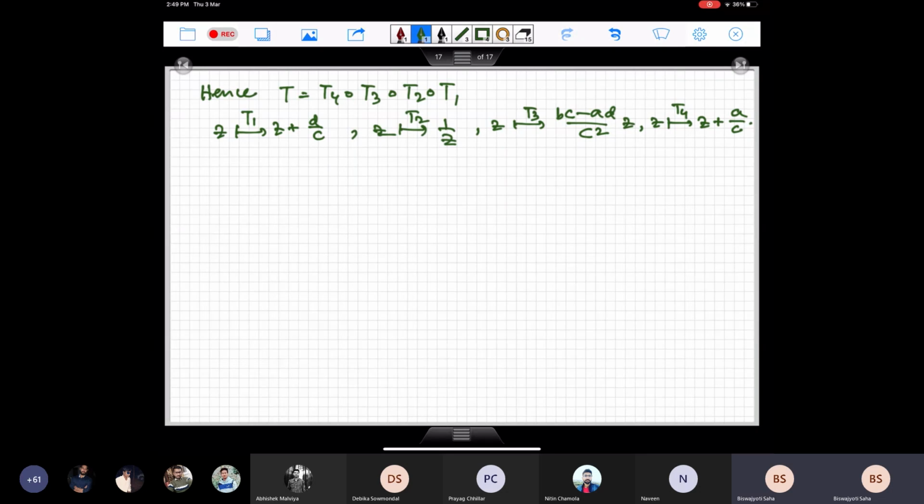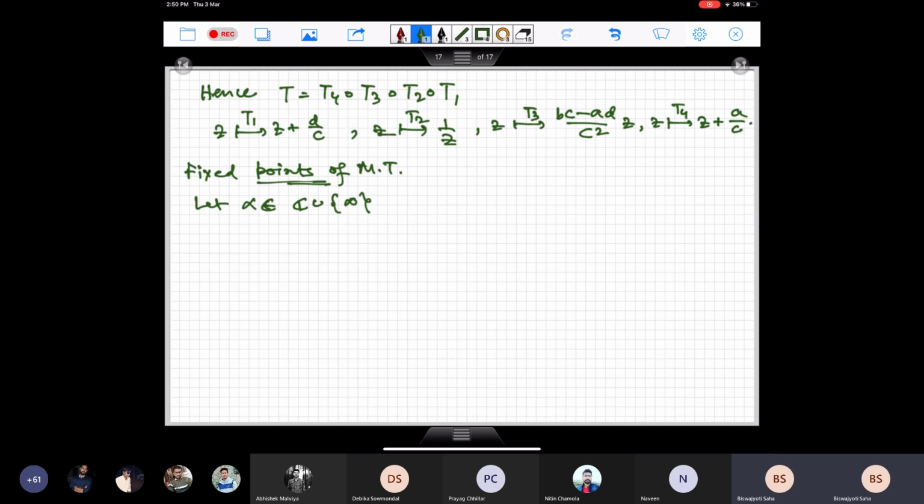Okay, so what am I doing? Next is fixed points of Mobius transformation. Fixed points of Mobius transformation. Okay, so what is that? Let alpha belong to C union infinity.